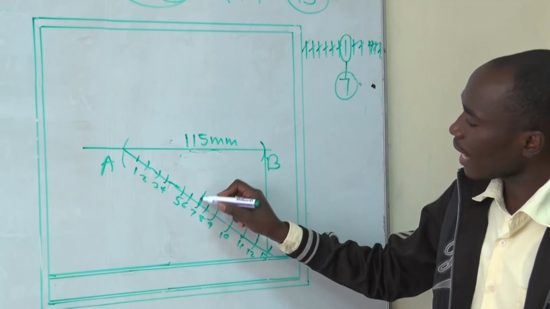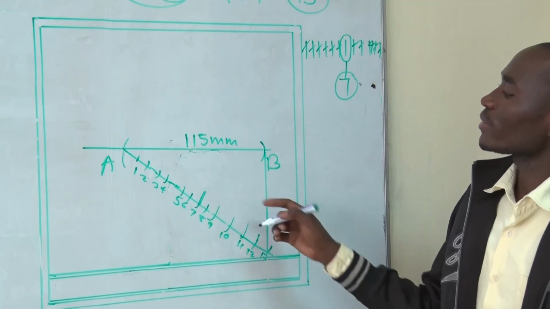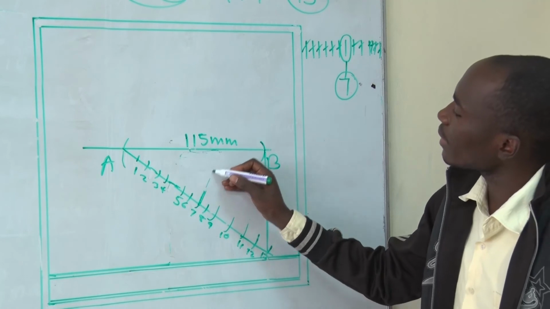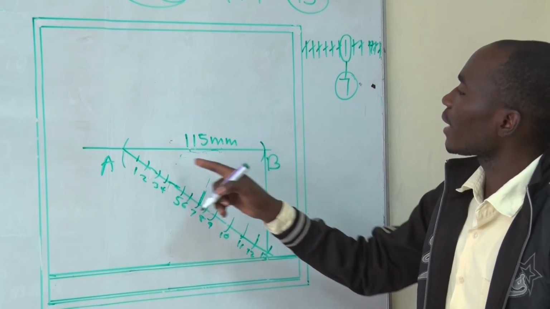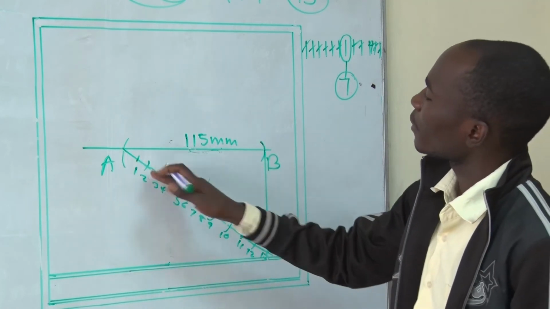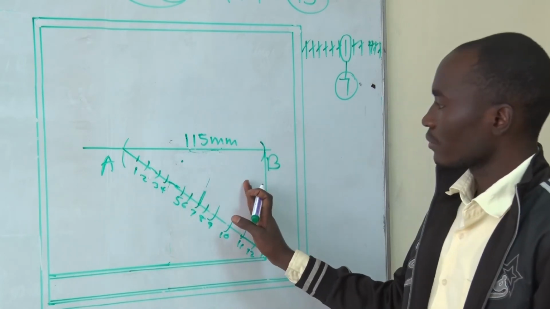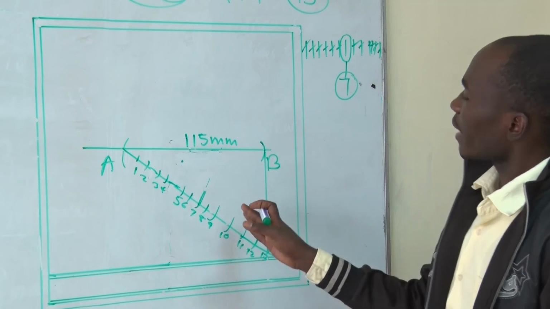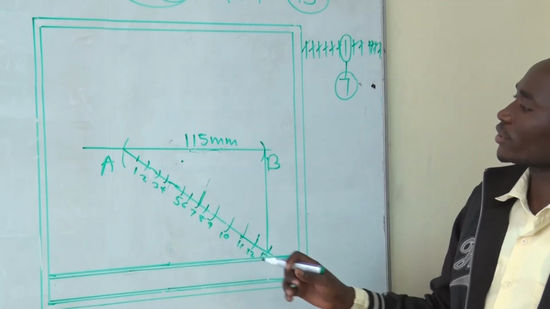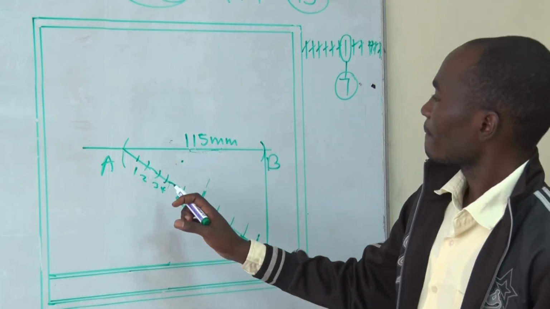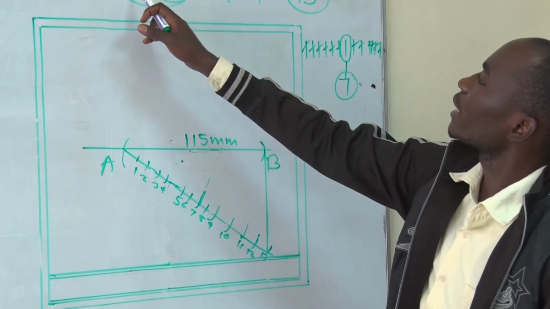Now we are interested in this center, so that once we join this one up to this line AB, we will get the proportions. We have 2 sections, 1, 2. So our line should be in the ratio of 4.